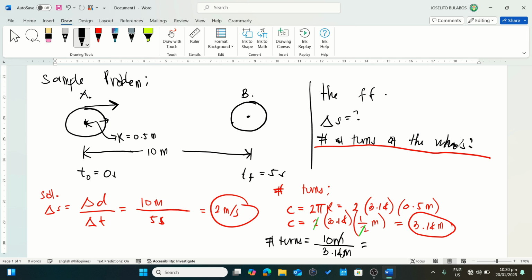So 10 divided by 3.14, and we end up with 3.1848, and this is the number of turns. This is how we solve for speed.